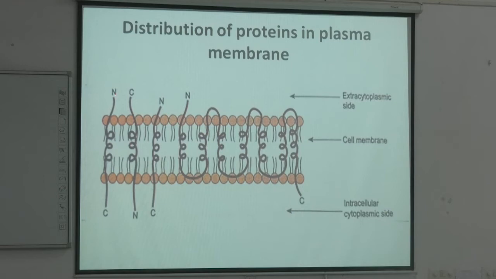See here, the N terminal is there, and the C terminal. This will be the intracellular cytoplasmic site. Inside the cytoplasm, most of them will be C terminal. The N terminal, most of them will be outside the cytoplasm, the extra cytoplasmic site.